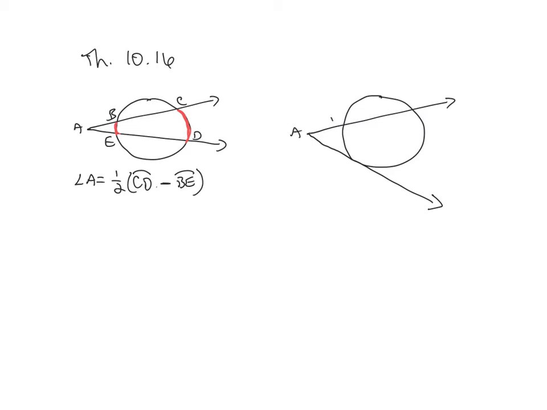Okay, so the two arcs with angle A would then be from B to D. And then I'm going to have to use a separate color because it's two separate arcs, but D to C. So angle A is half CD minus BD.